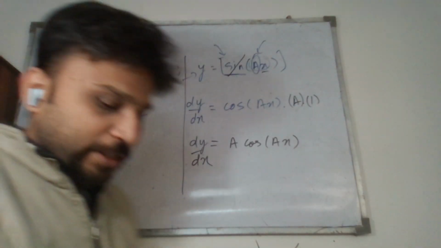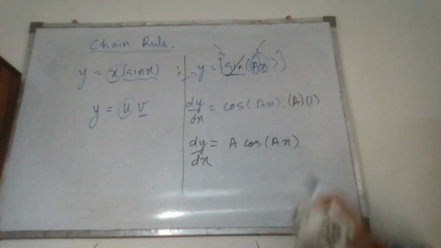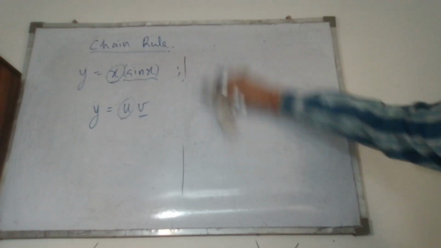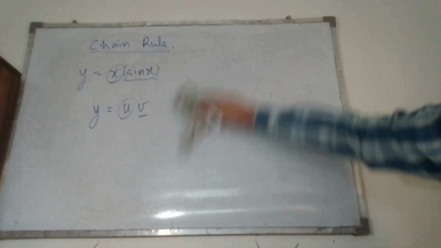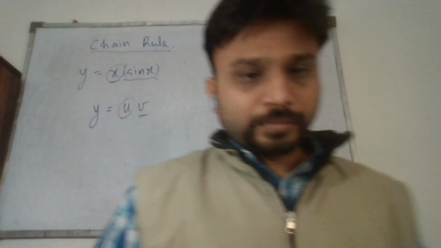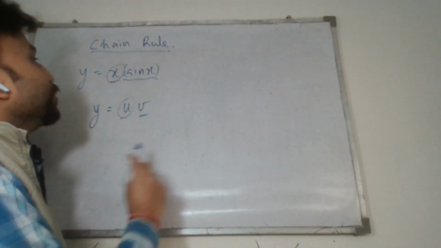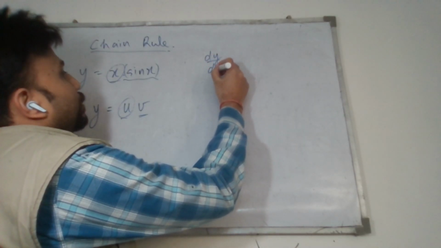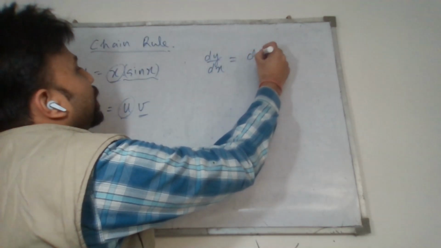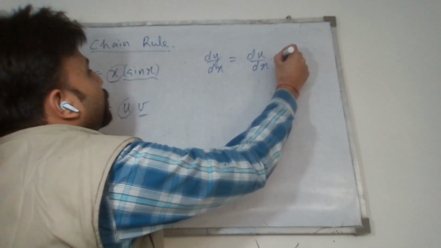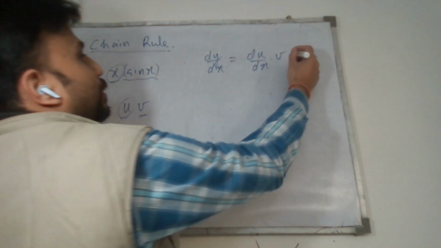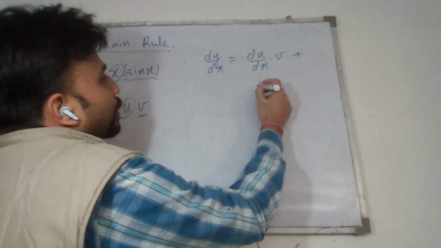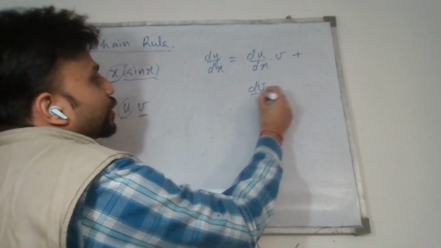So if I differentiate u, I get du by dx. I'll keep v as is. Now I'll put a plus sign like this. Now v has to be differentiated, dv by dx, and u as is.